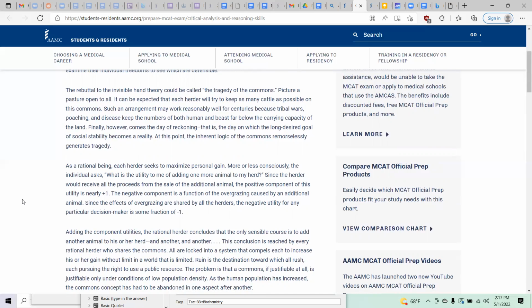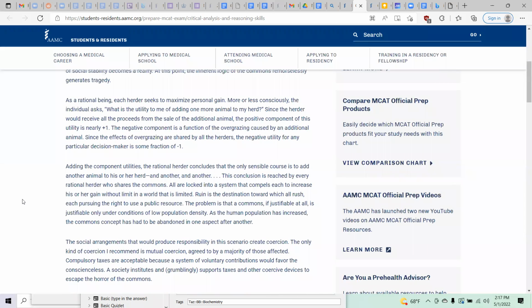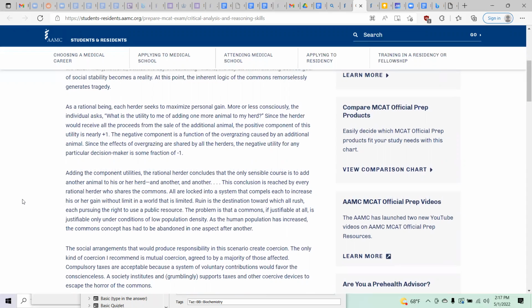Personal freedom. Okay, this is too boiled down. I want a sentence of like, this passage is about da da da da. This passage is about the pros and cons associated with personal freedom.